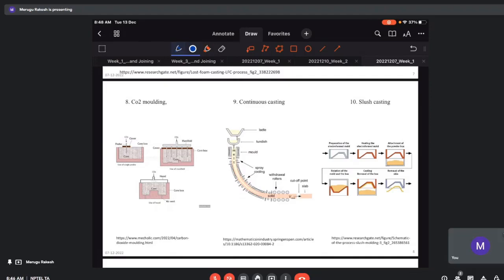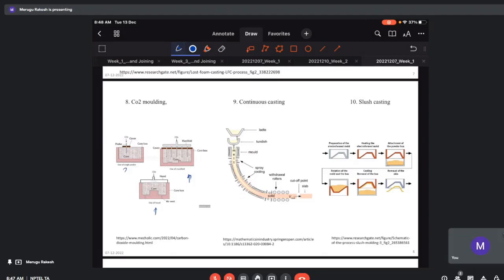We have different types, using a single probe, a multi probe, or a big duct, to make the pattern shape. So the mold is mixed with some chemical and hardened using CO2 gas.